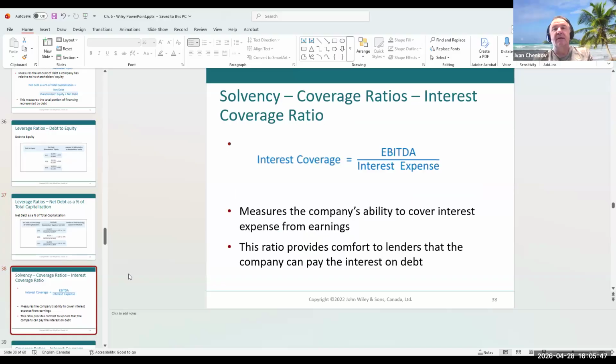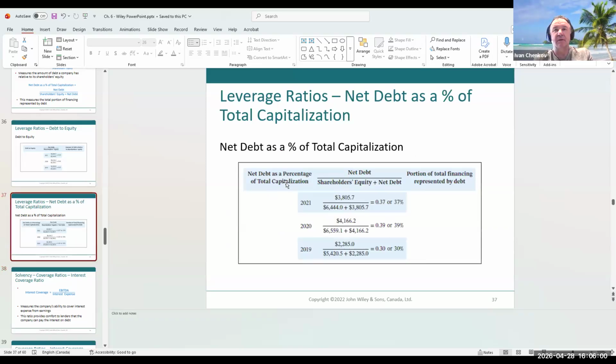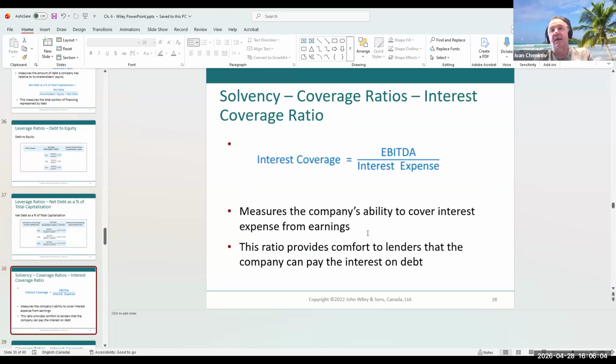So now, let's go with another ratio, which is interest coverage ratio. Interest coverage ratio is a very important ratio and always has to be looked at together with the debt ratio. So, what that simply tells you?